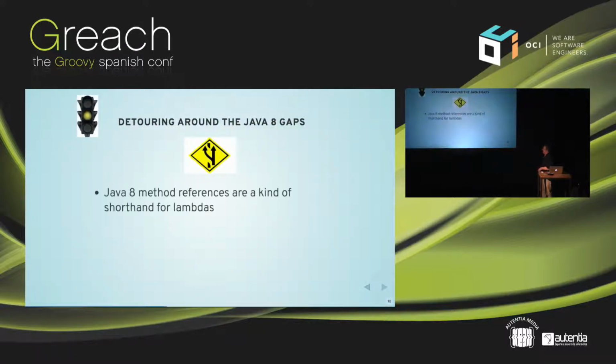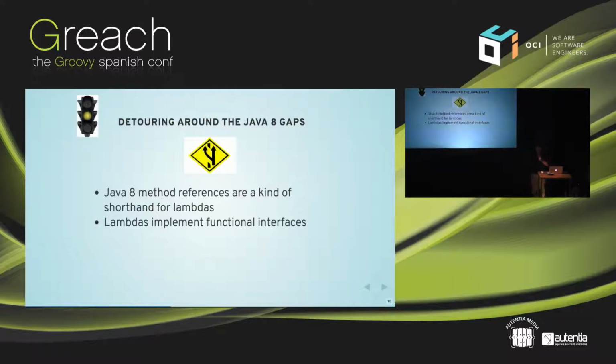Now, how do we get around some of these gaps currently without the parrot grammars? We have to keep in mind that Java 8 method references are kind of a shorthand for lambdas, and lambdas basically are syntactical sugar for implementing functional interfaces.